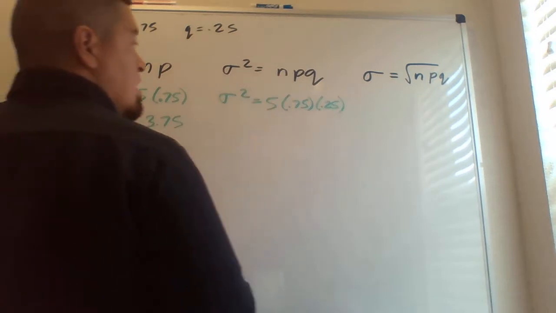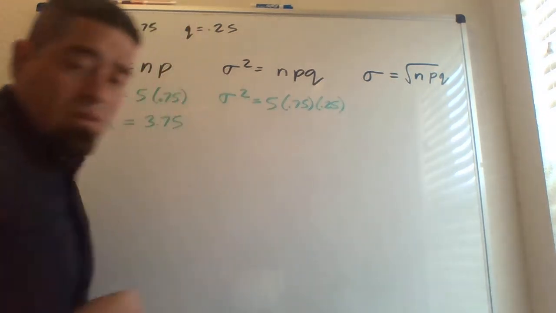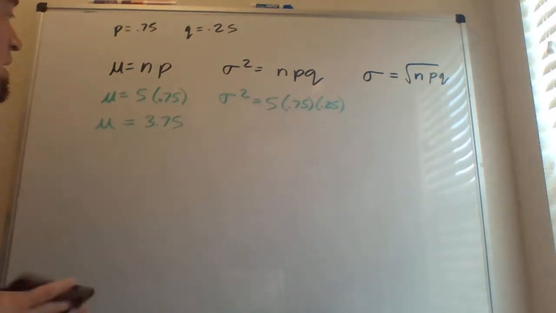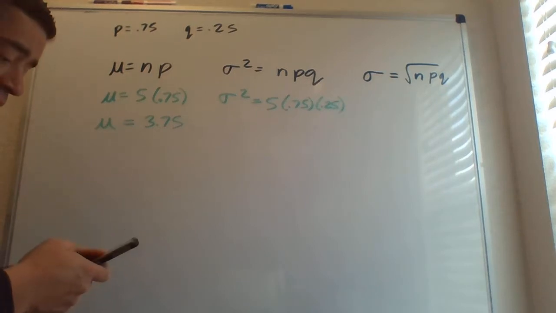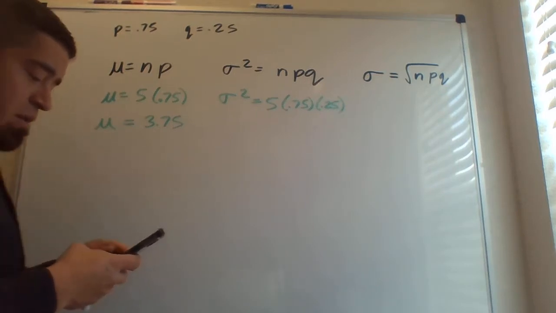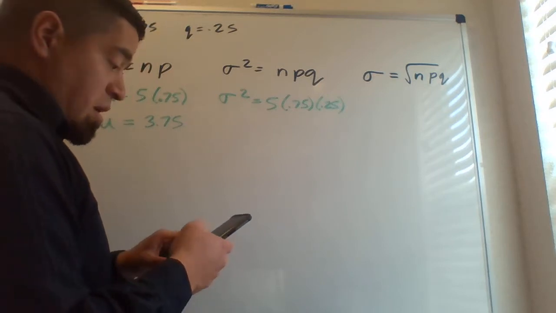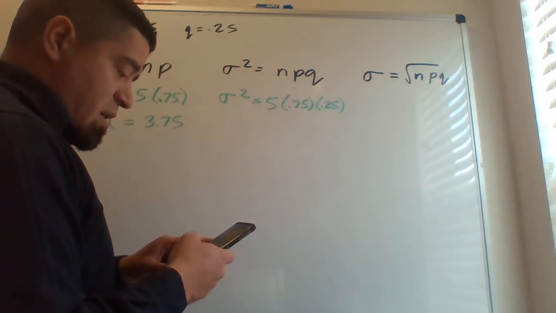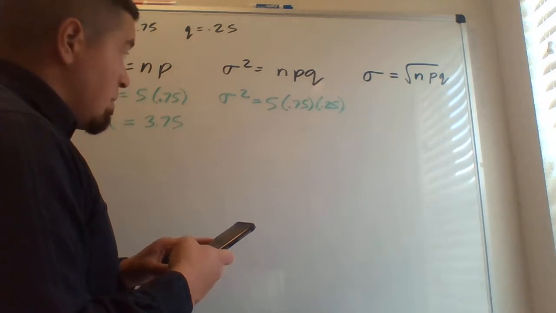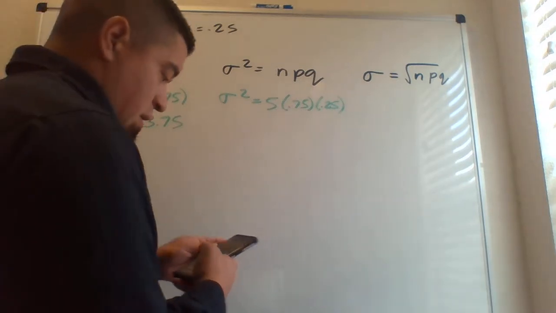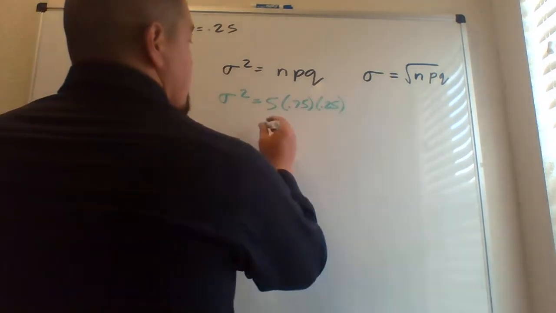And then of course our standard deviation would be the square root of that. For this one I will use a calculator, and you get 5 times 0.75 times 0.25 is 0.9375.